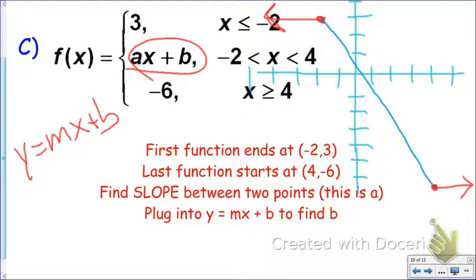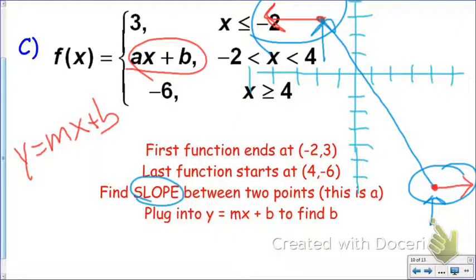You should see from our quick sketch that the first function up here ends at the ordered pair -2, 3, that point. Our last function starts at the ordered pair 4, -6. So, in order to find the linear equation that connects those 2 points, we first need to calculate the slope between those 2 points.